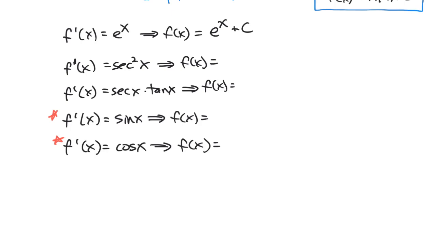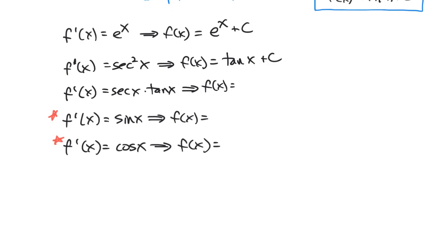Some of you will be in a Calc 2 class where this plus c carries a lot of points from what I've heard about some tests that can go wrong. So make sure you put the plus c on there. This one we already know, right? Because we know the derivatives of the trig functions. This is the derivative of tangent. So f of x would be tangent of x plus c.